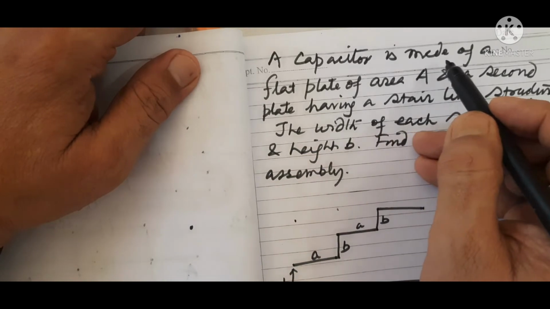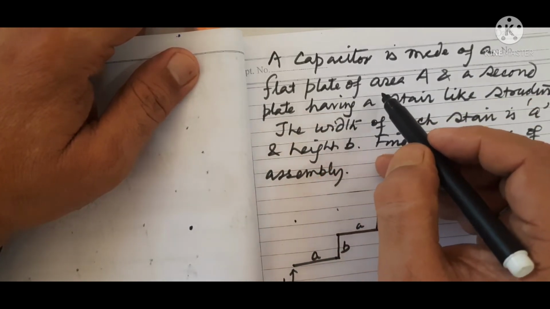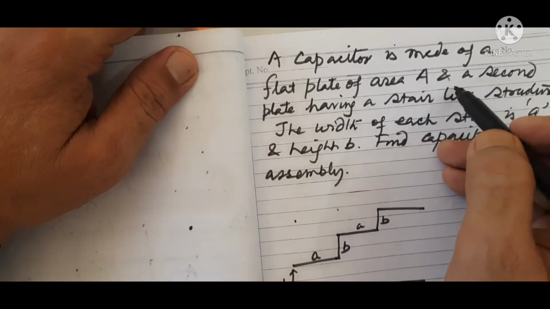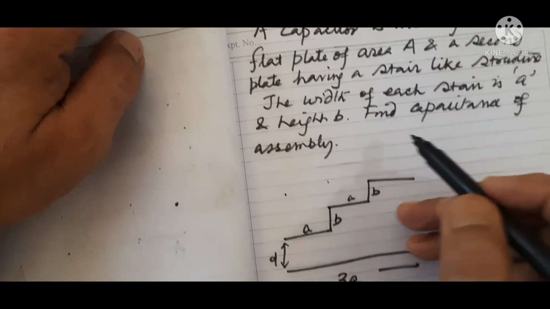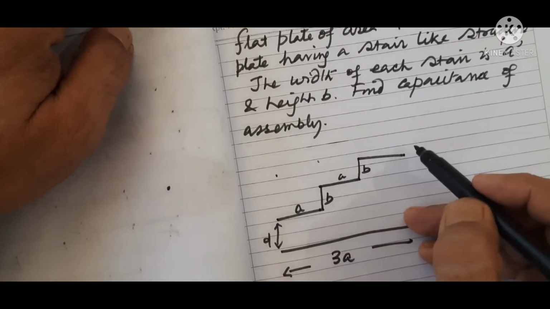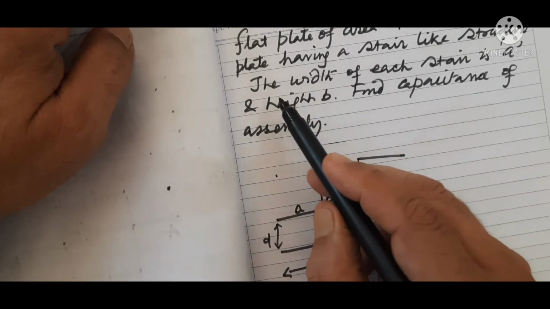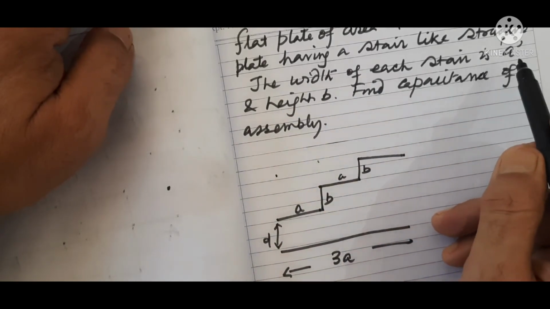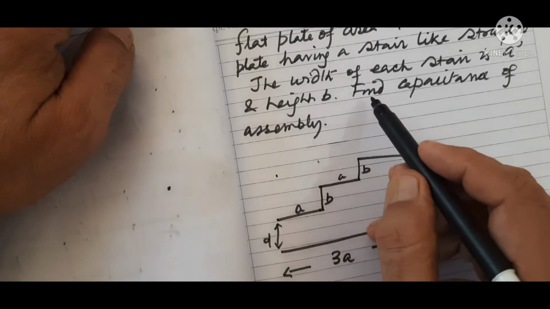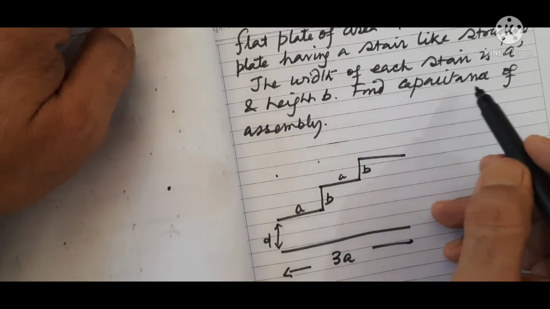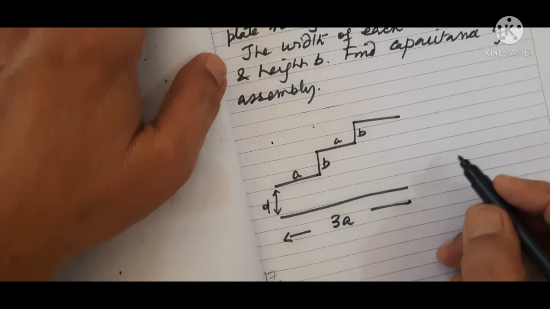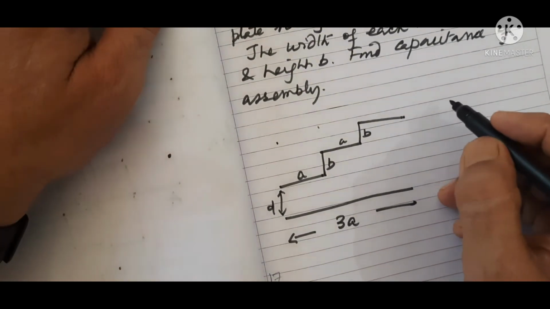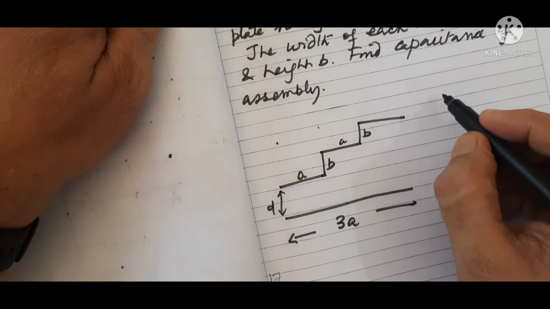A capacitor is made of a flat plate of area A and a second plate having a stair-like structure. The width of each stair is small a and the height is b. Find the capacitance of this assembly. How to find the total or the equivalent capacitance?